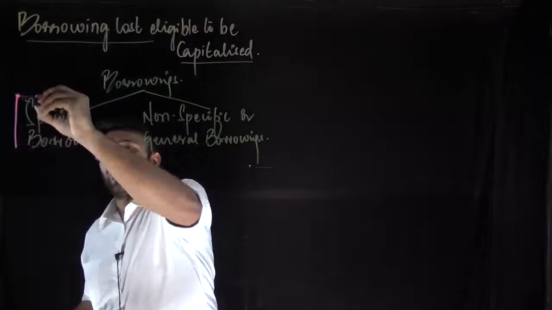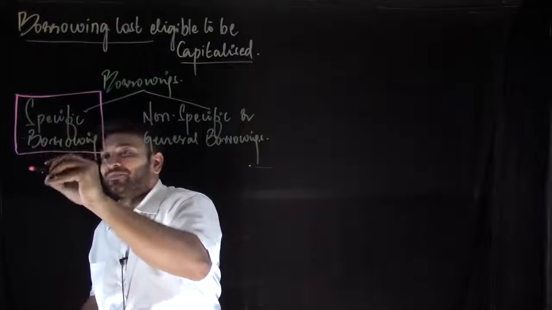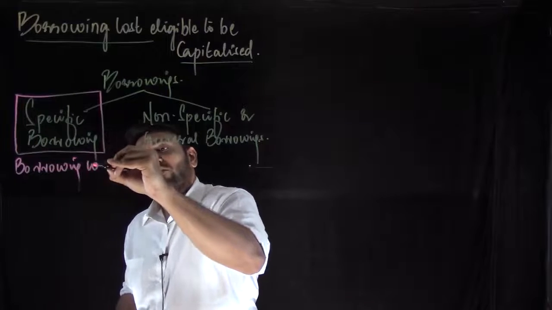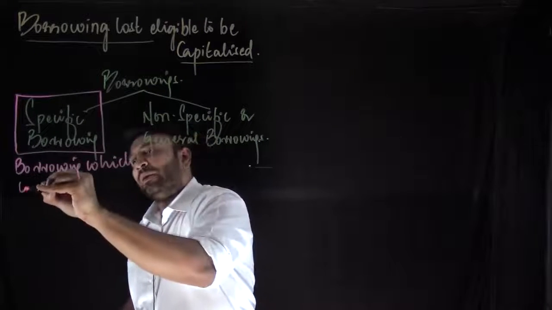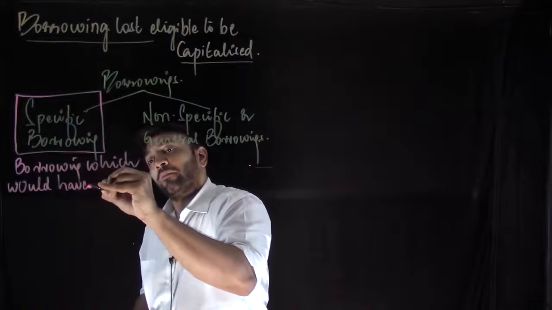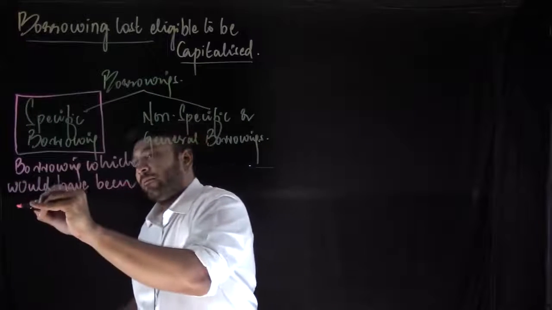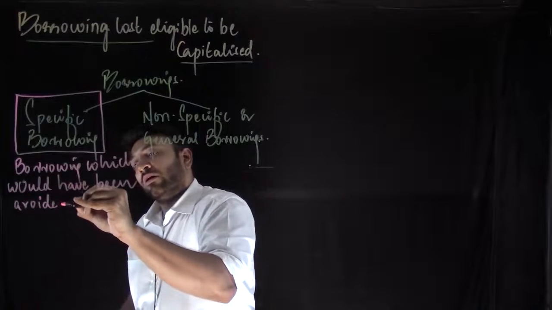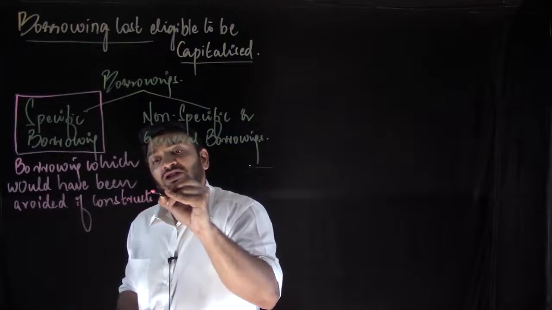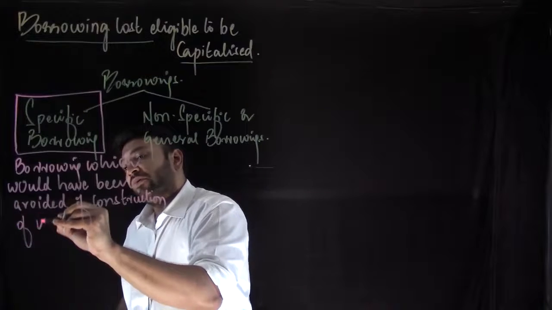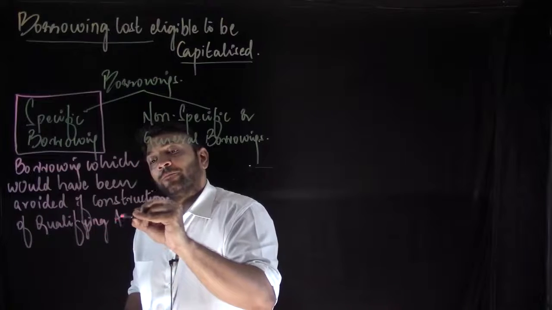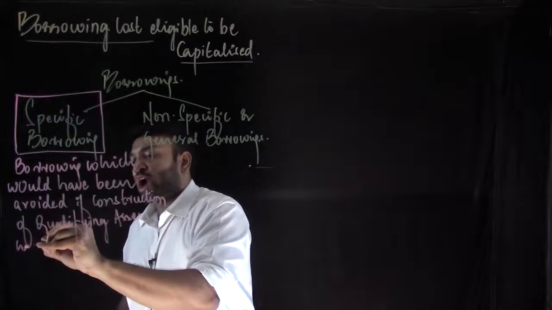When I talk about specific borrowing, what we indicate here is a borrowing which would have been avoided if the construction of qualifying asset was not taken up.